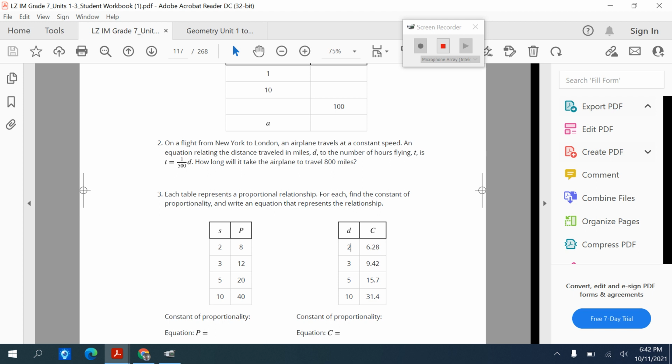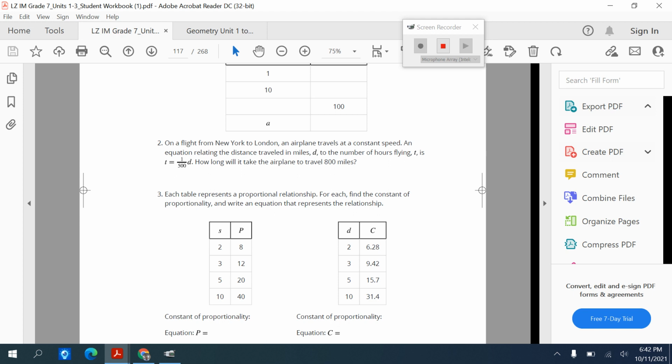If you look at the equation, it says T equals 1 over 500 times D. If you multiply by 1 over 500, you're dividing by 500. So I'm going to do 800 divided by 500. They're giving us what the D is, and they're saying times 1 over 500, which really just means divided by 500. And you get 1.6 hours. That's how you would do number 2.